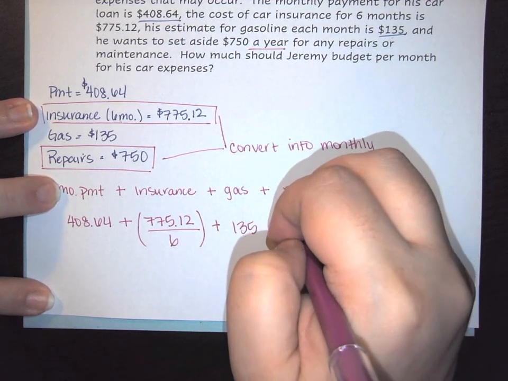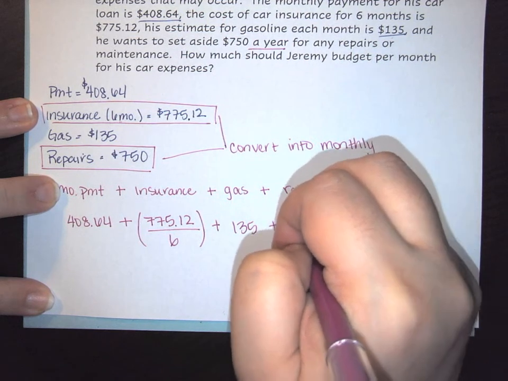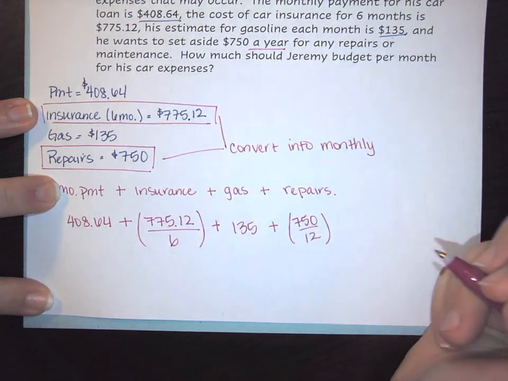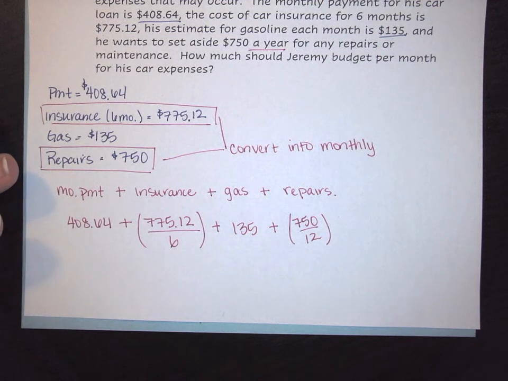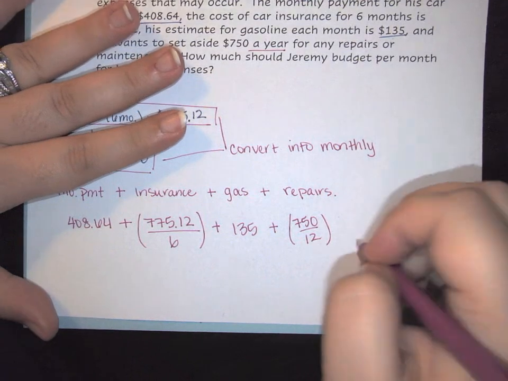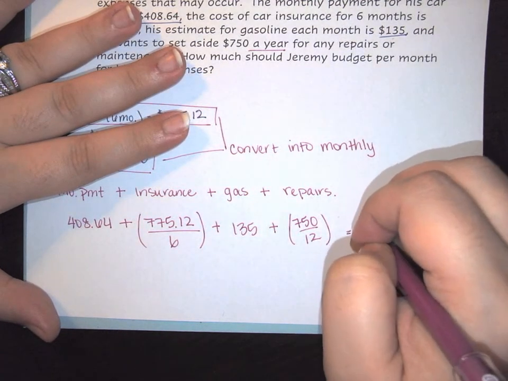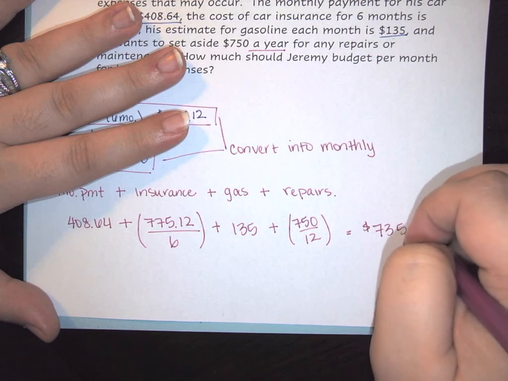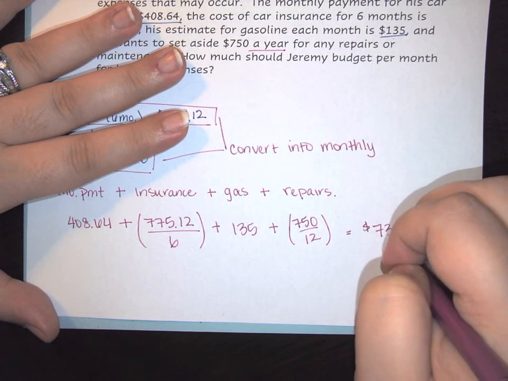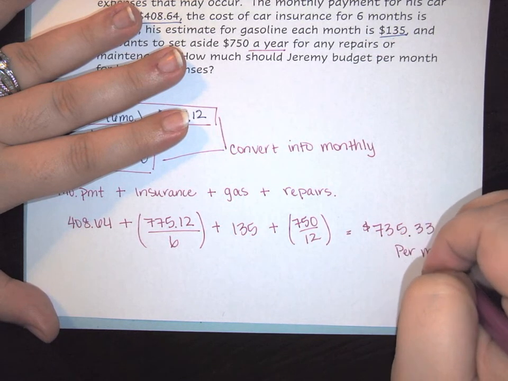So this is going to be $750 divided by your 12 months. Now that's going to give you how much you should budget per month. So when you do all of that, you end up with $735.33, and this is per month.